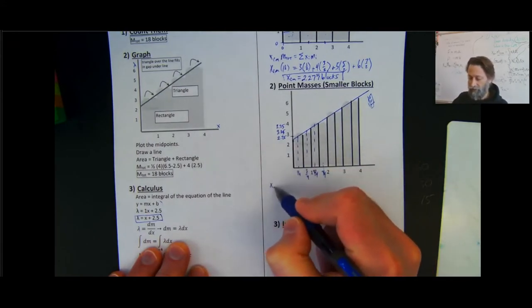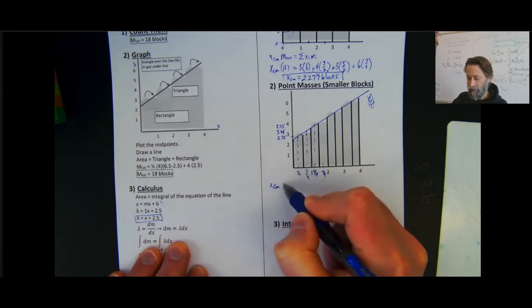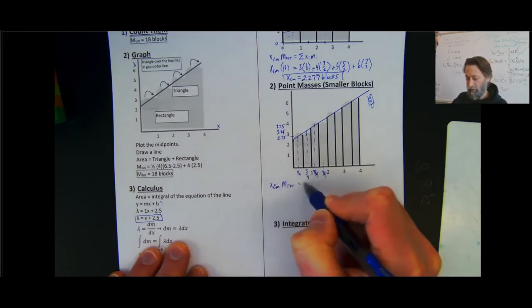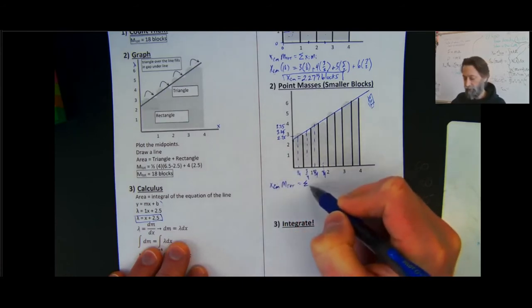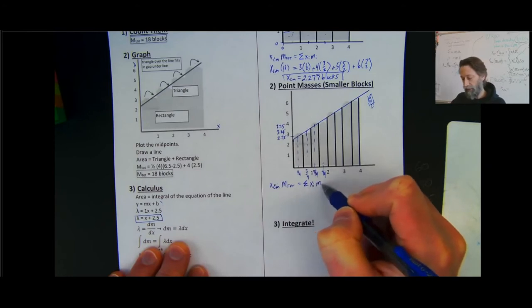So I'm going to have X_CM times my total mass is equal to the sum of all of the individual ones. So this is going to be x_i m_i.